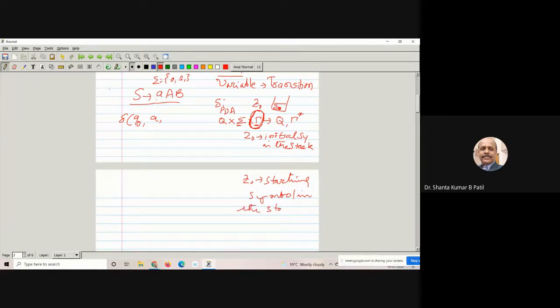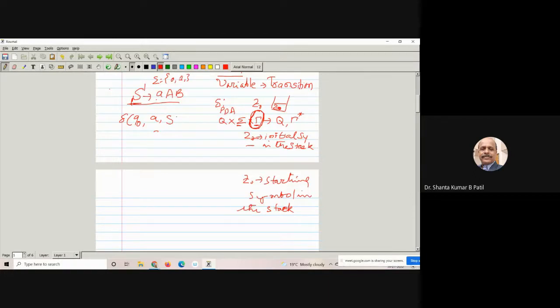In this grammar we don't have Z naught, but the starting symbol is there, that is S. In the CFG, when it comes to the PDA, this will become the starting symbol of the stack. Z naught is the starting symbol of the stack, and S is the starting symbol of the CFG.